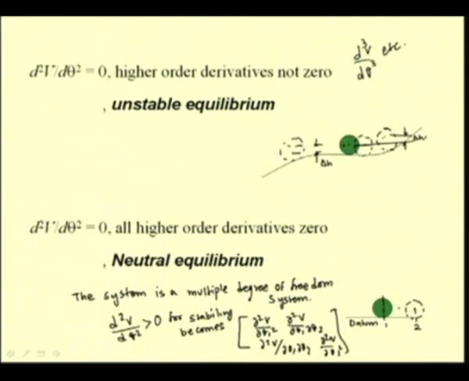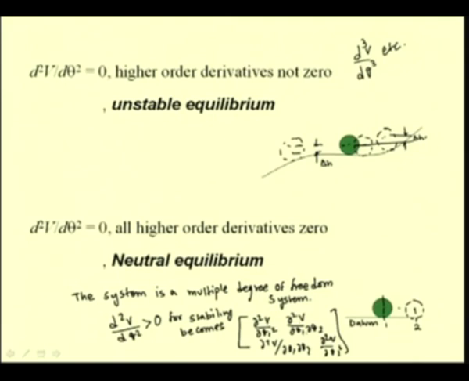So, it is possible to write a similar kind of matrix for higher degrees of freedom systems and derive the stability equations as discussed for the 2 degree of freedom system.